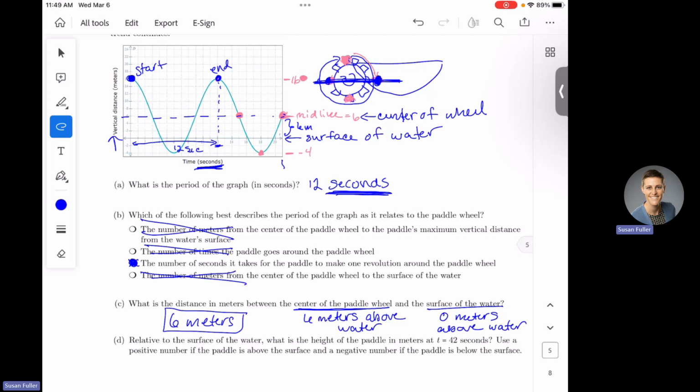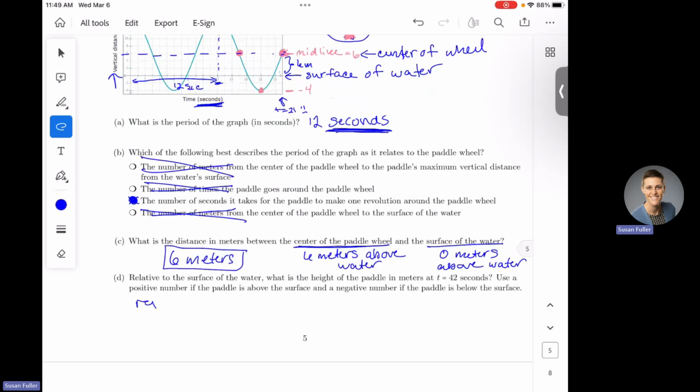This only goes up to 21. That's not enough to get me to 42. So how will I know what the height at 42 is? Well, we're going to have to use the pattern, right? This pattern repeats every 12 seconds. That's how long it takes for this paddle to go all the way around.